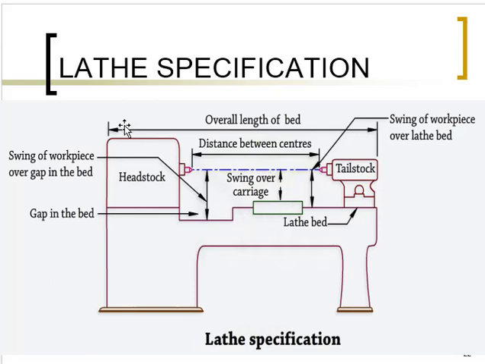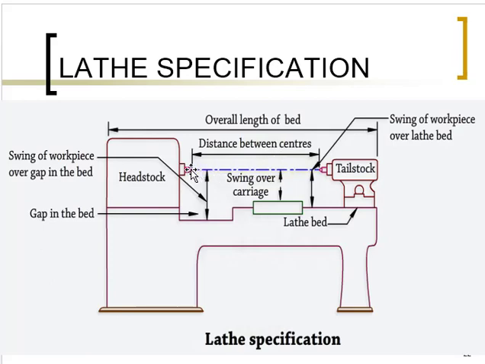The first important one is the overall length of bed. The overall length of the bed tells you the total length of the lathe machine. That is the first specification. Next is the distance between the centers, or you can call this the length of the workpiece we can fix here.